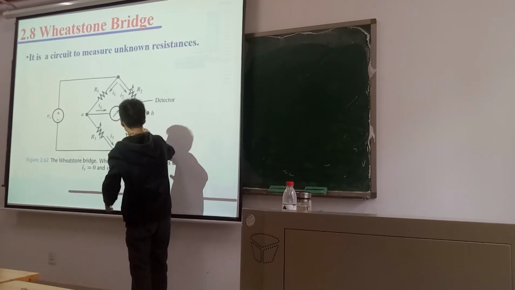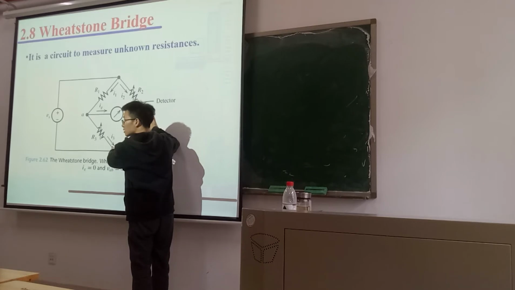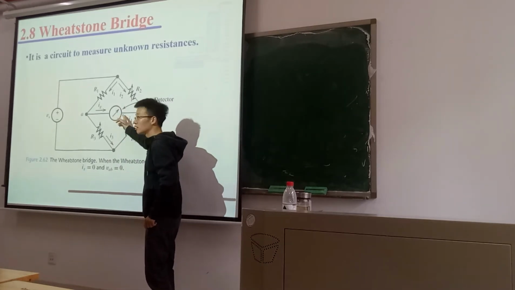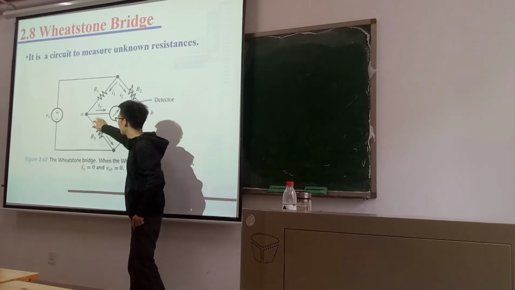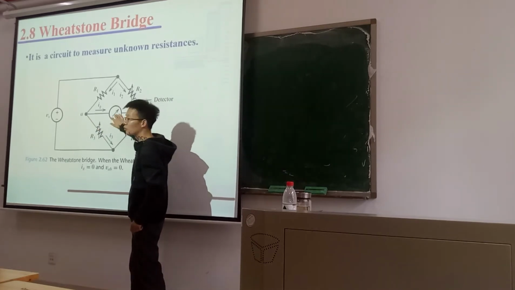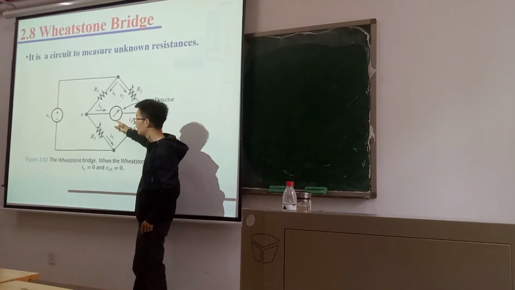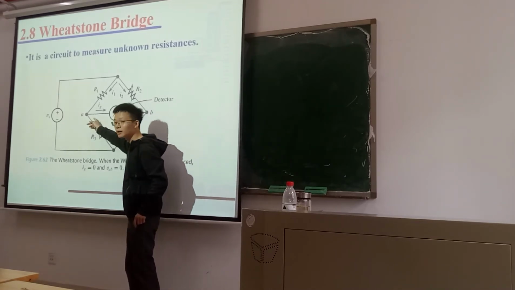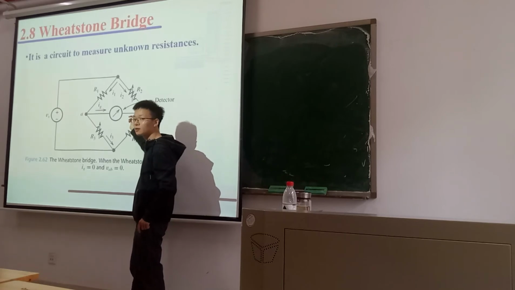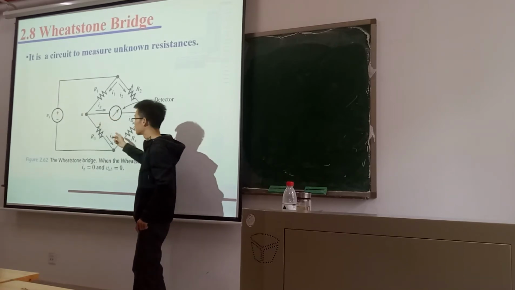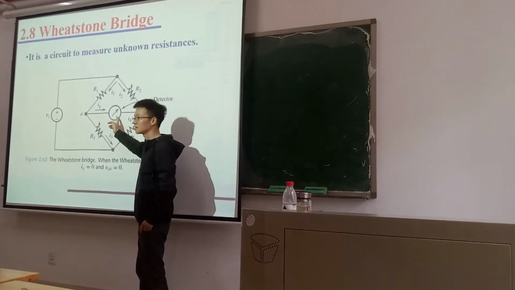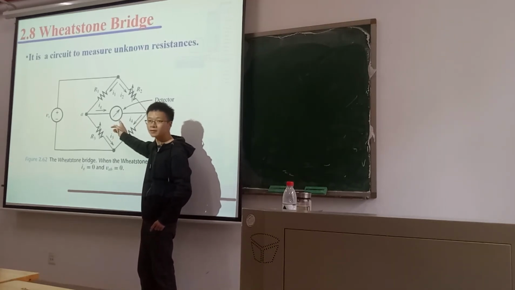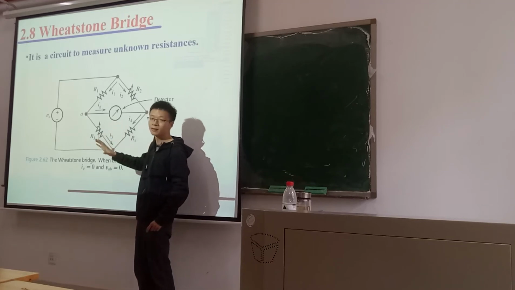We take this resistance in the two points, and when the detector reads 0, that means there's no current flowing through this branch, right? You can regard this branch as open, because there is no current.